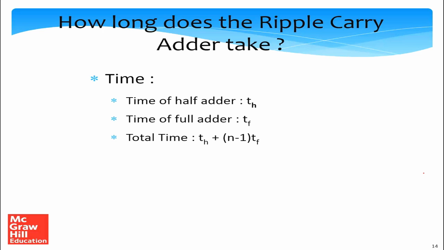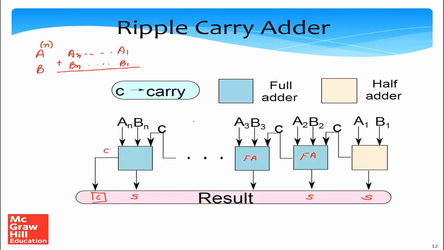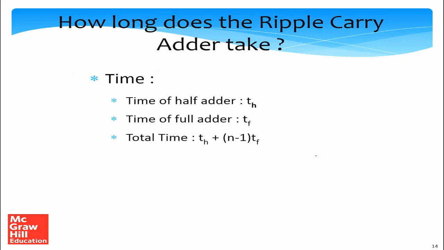So the total time that this adder will take is essentially the time for one half adder to compute its carry, and then since these are in series, it will be th plus n minus 1. In an n bit addition, we'll have n minus 1 full adders. So it will be th plus n minus 1 times tf.